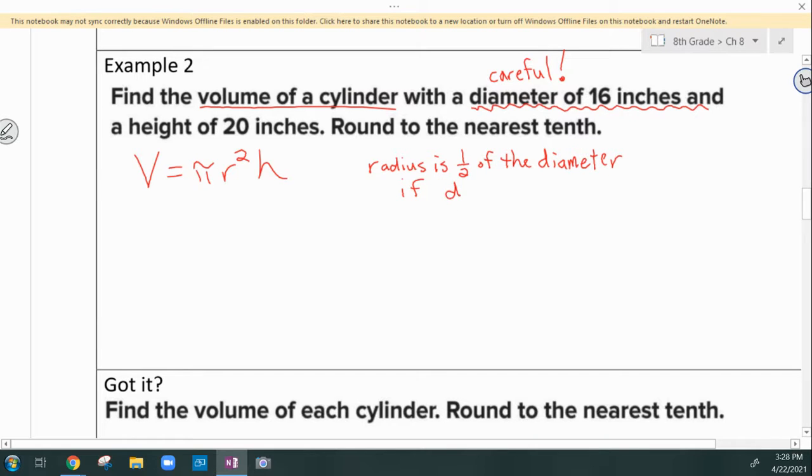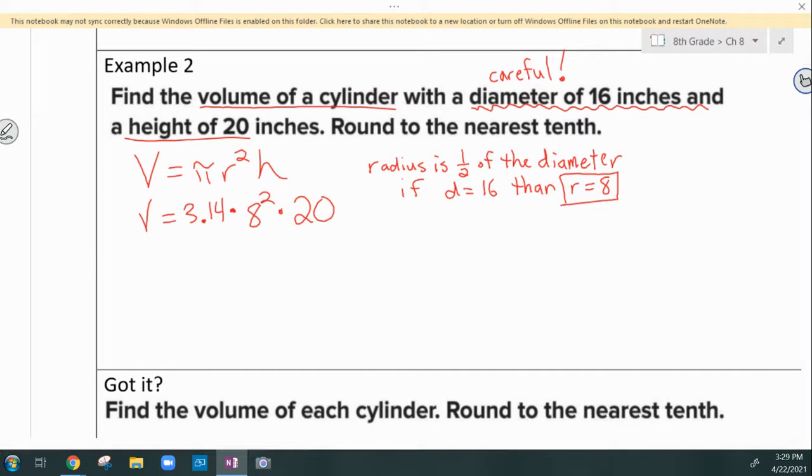If d equals 16, then r equals 8. And that's what we're going to plug in over here. So volume equals 3.14 times 8 squared times the height here, and that tells us right there 20.